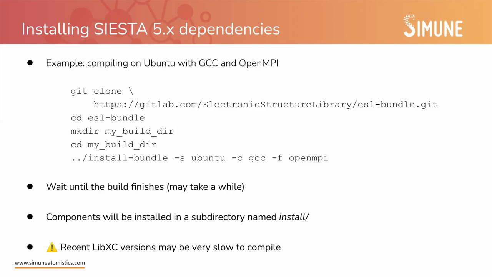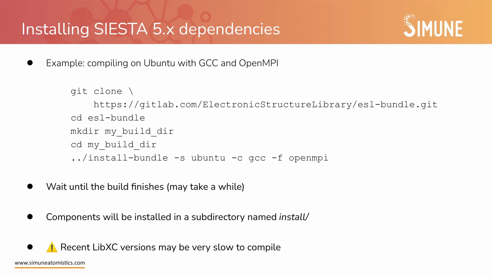In this case, -s Ubuntu means system Ubuntu, -c GCC for the compiler, and -f flavor OpenMPI for the variant using OpenMPI. The ESL bundle comes with a set of pre-configured files, and Ubuntu GCC OpenMPI is one of them.